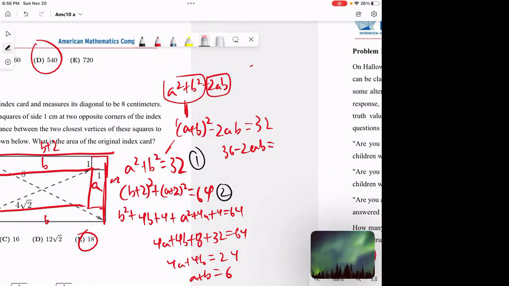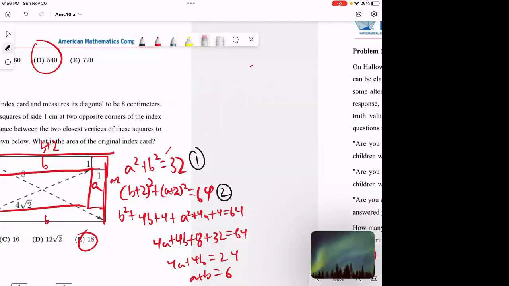Okay, here we go. So 36 minus 2ab. Oh yeah, as I was saying, our goal is to solve for a plus 2 times b plus 2, which is equal to ab plus 2a plus 2b plus 4.